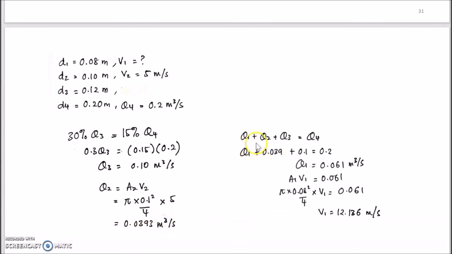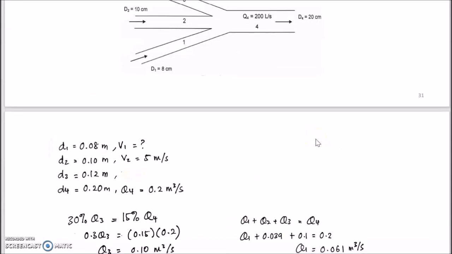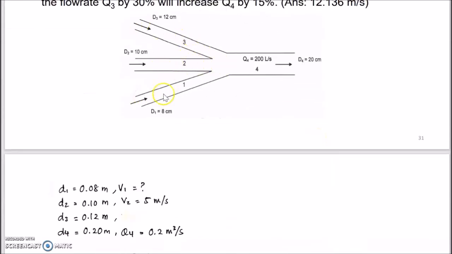Therefore, to calculate the total flow rate Q4, we have three branches, pipes 1, 2, 3. This flow rate Q in will go to pipe 4, so Q out at 4. All these three pipes together make up Q4.